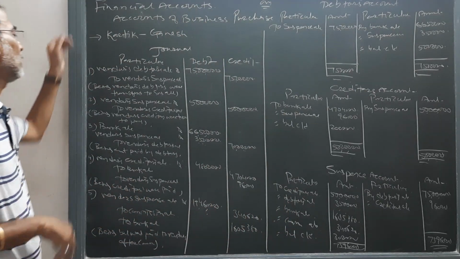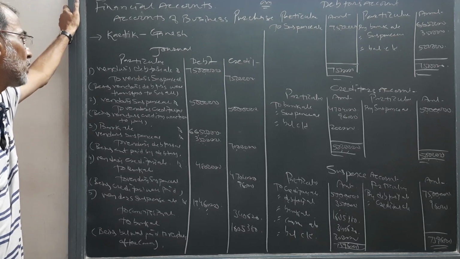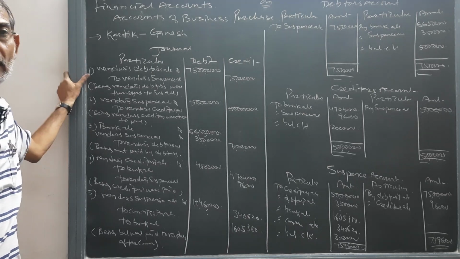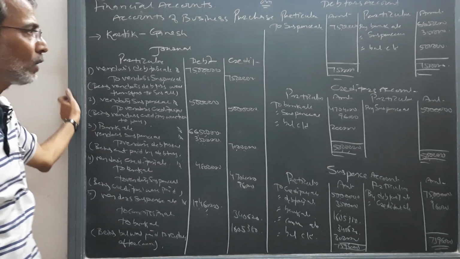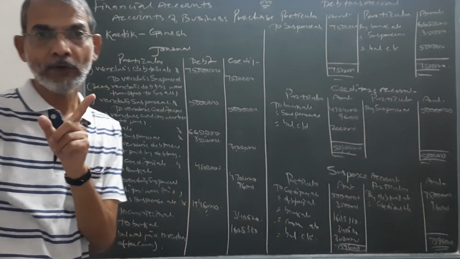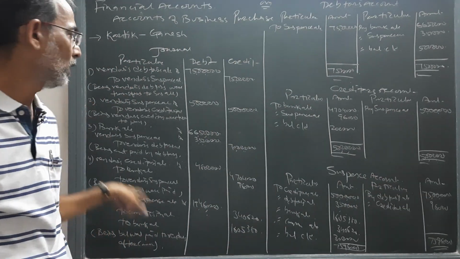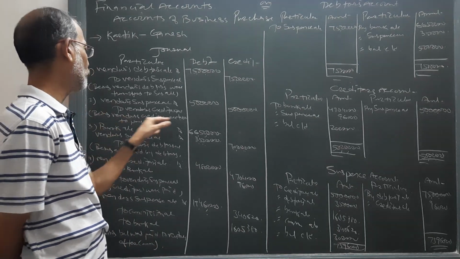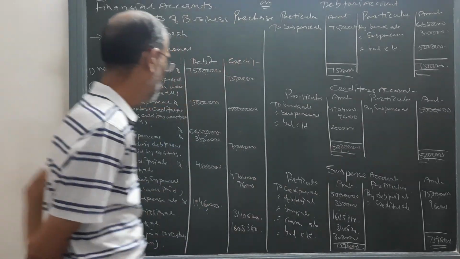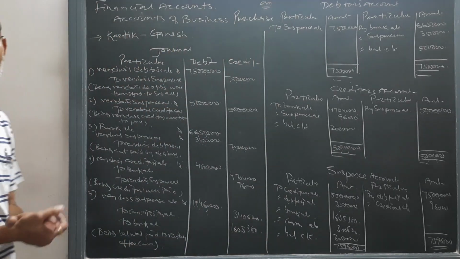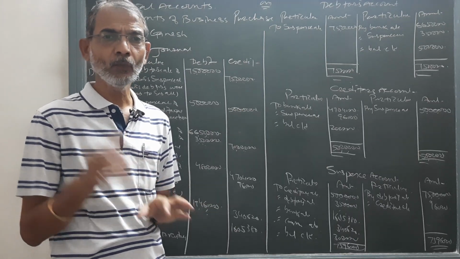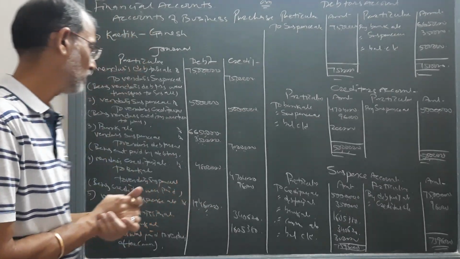We repeat again. Debtors of 75 lakh were taken for collection, so debtors account debit to suspense account. Creditors of 50 lakh were taken to pay, so suspense to creditors. Now debtors of 5 lakh were kept aside because they will pay later.